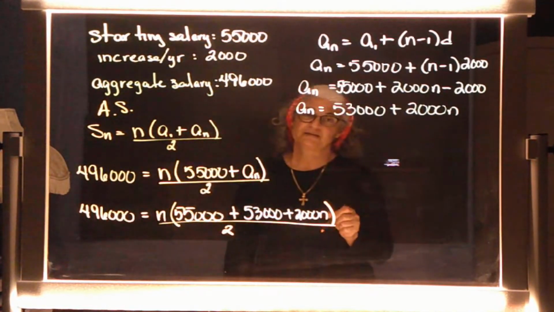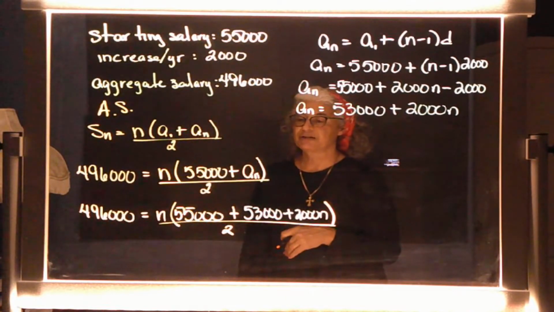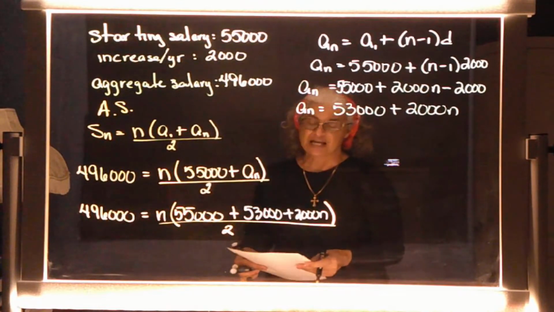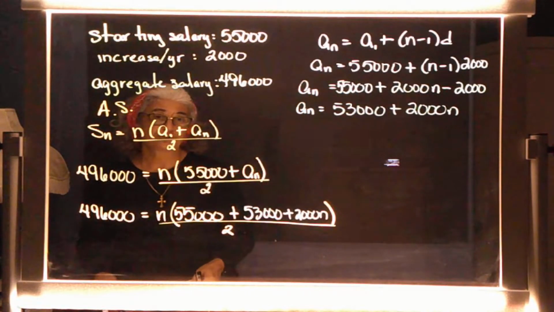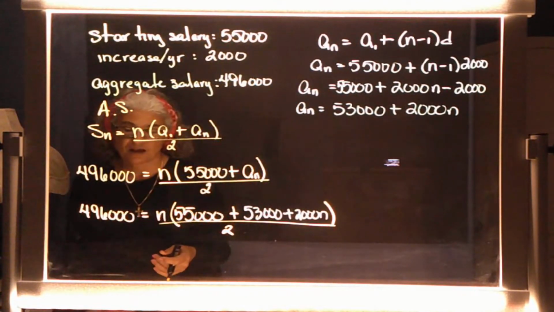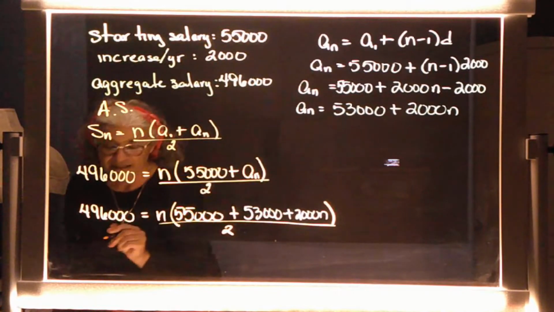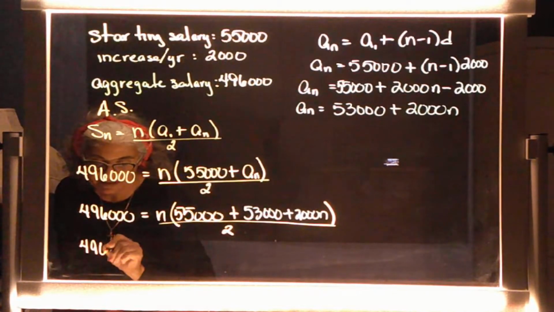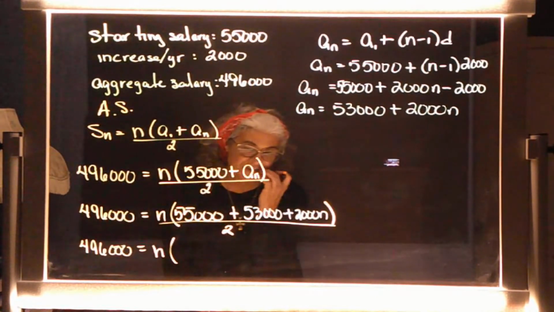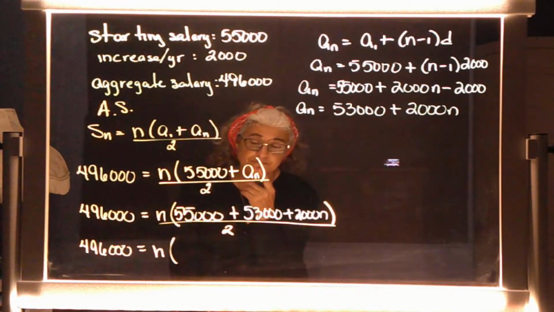So at this point, we got a lot of algebra to work with, right? We got to clean this thing up as much as possible, simplify it as much as possible, and see where we end up. Good? Okay, so follow along. Let's see if you agree with me. I am going to clean up that parenthesis a little bit. So I have 55,000 plus 53,000. What do you get?